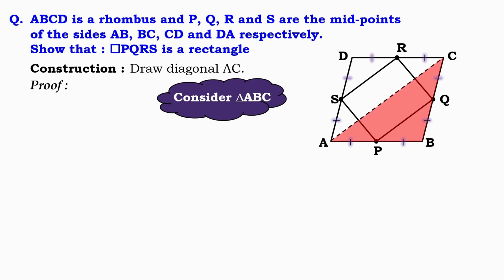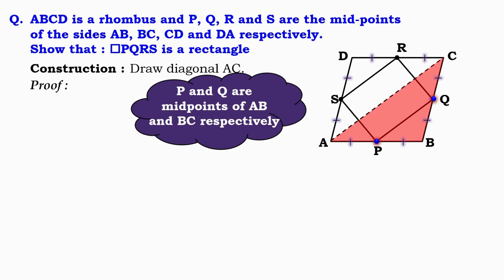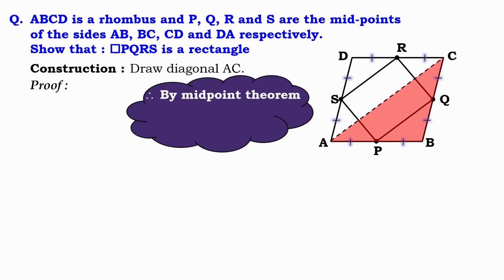Okay. The triangle ABC we have highlighted. P and Q are the midpoints of AB and BC respectively. So by midpoint theorem, PQ will be parallel to AC. Correct? And also PQ will be half of AC.